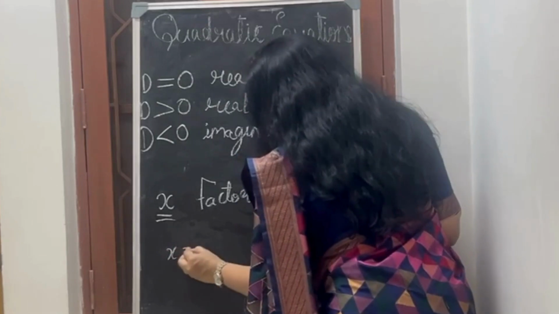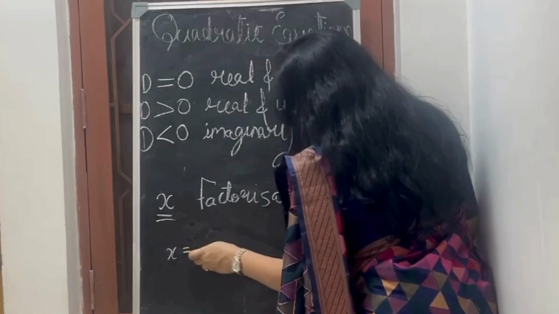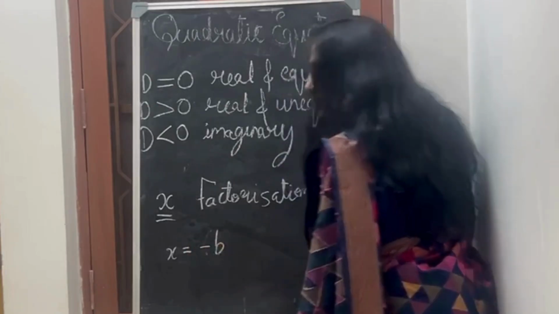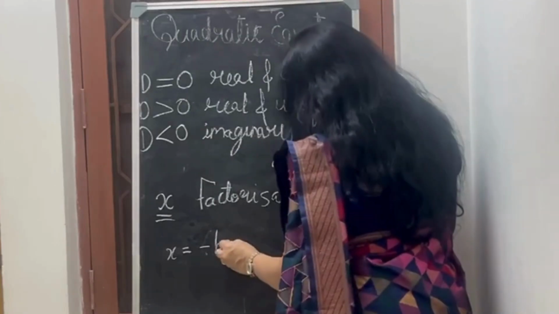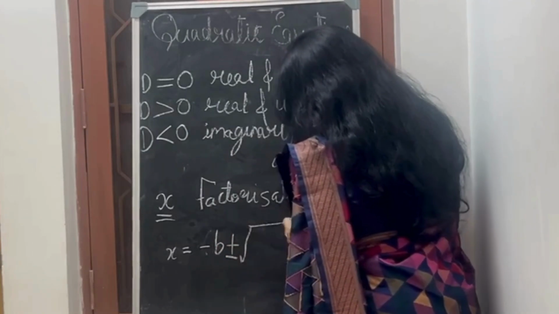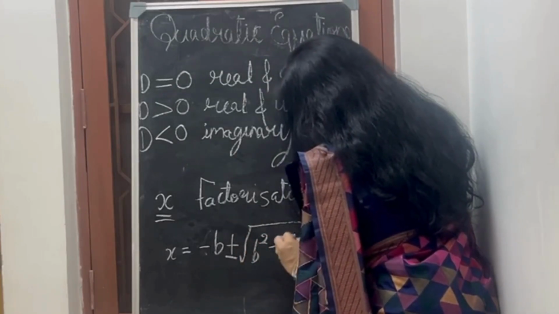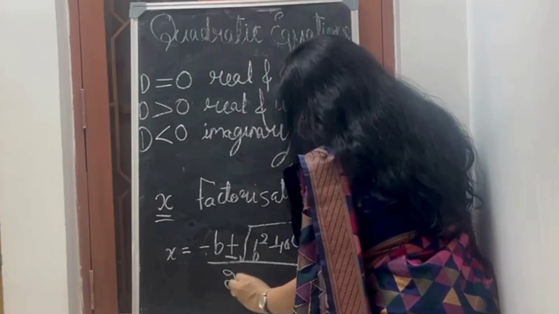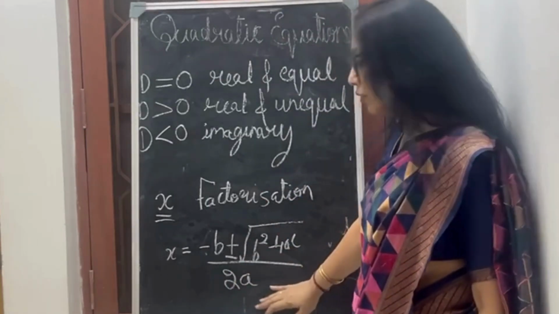x equals, I'm sorry, it's minus b plus or minus the square root of b² minus 4ac, divided by 2a. This is another formula to find the value of x.